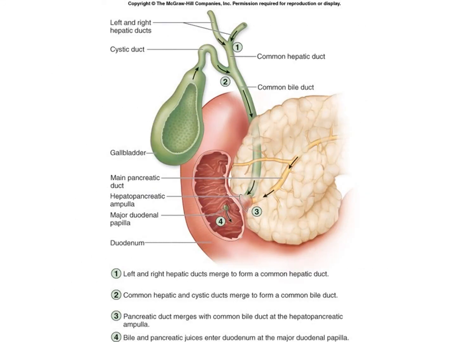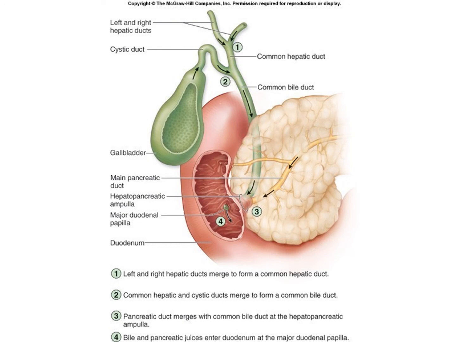This is the diagram which shows the connections of the liver, gallbladder and pancreas with the duodenum, or you can say the biliary apparatus. Here we can see the left and right hepatic ducts which unite together to form a common hepatic duct.